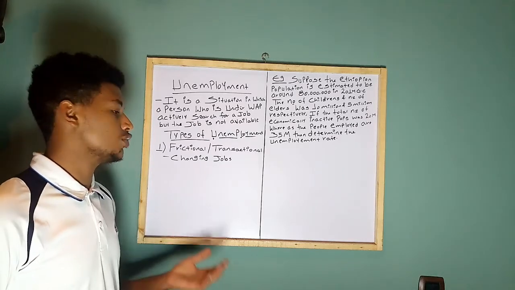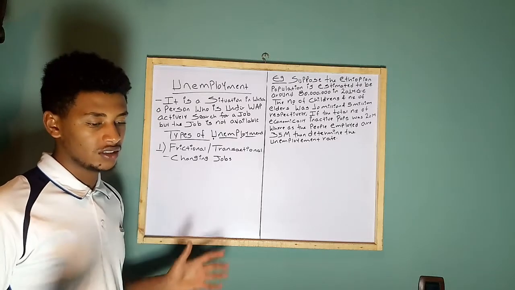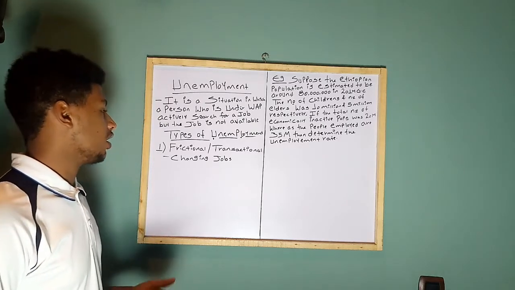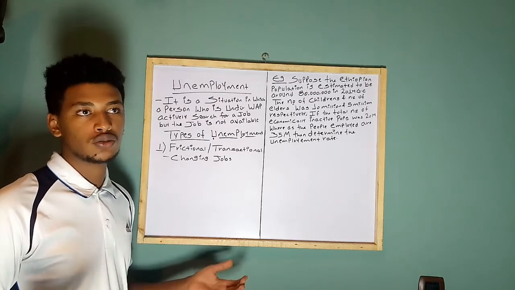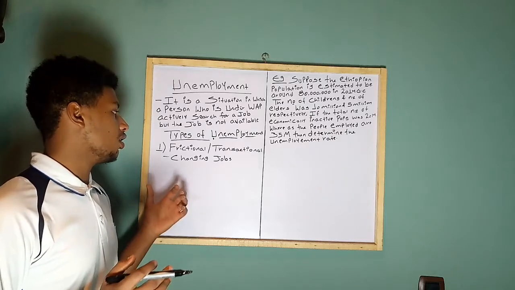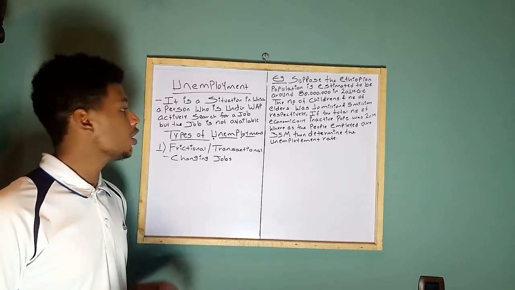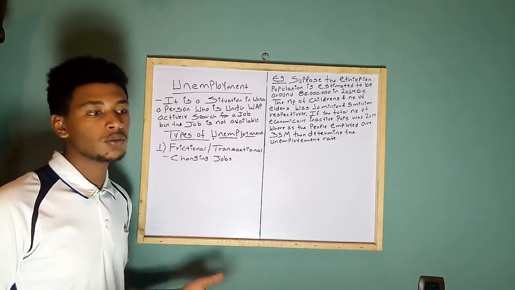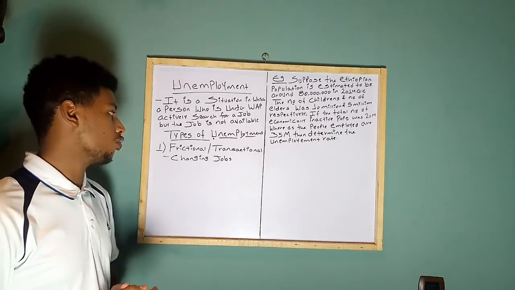So these types of jobs are seasonal, so their employees mainly work in those seasons, and after that they are unemployed. Others are new entrants to the market, like new graduates entering the market. They will not get jobs the day they graduate, so they are said to be unemployed because they are actively searching for jobs but don't have one. So they are said to be frictional or transactional unemployed.